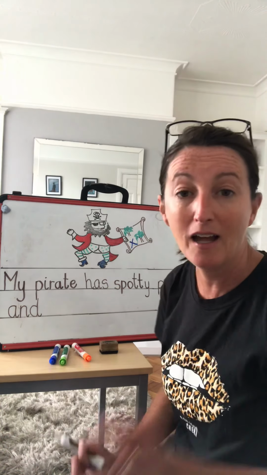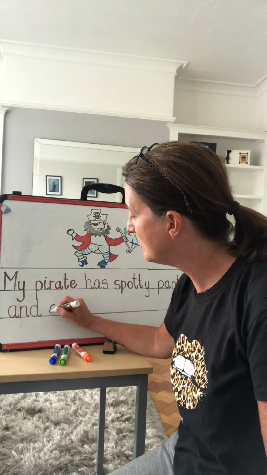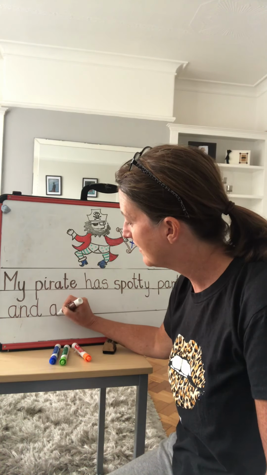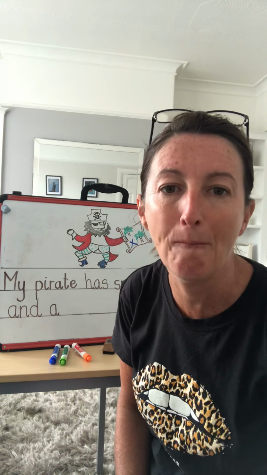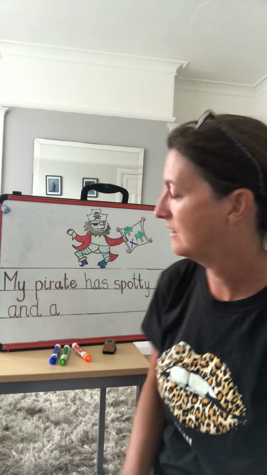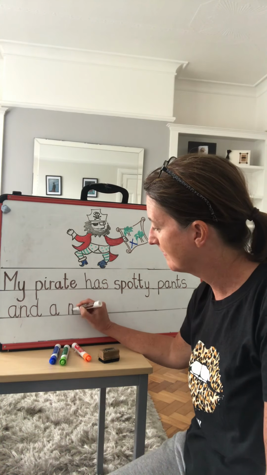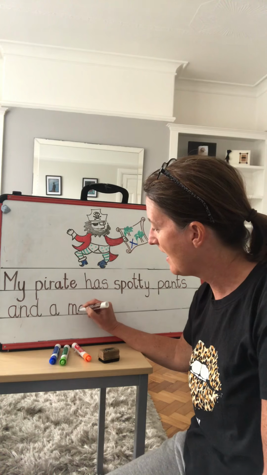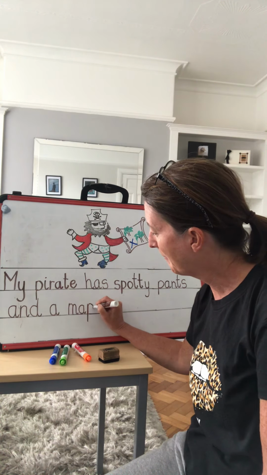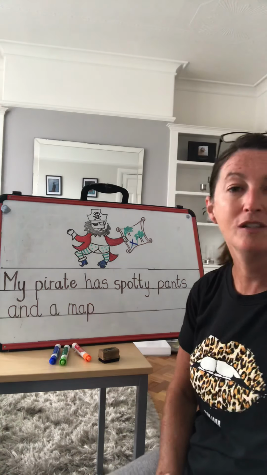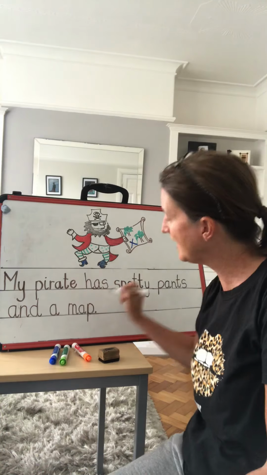We need a space, but not a huge space. So I'm going to go a little bit closer. And a map. You can all do this. It's got 3 sounds. Map. And what goes at the end? Full stop. So there's your sentence.